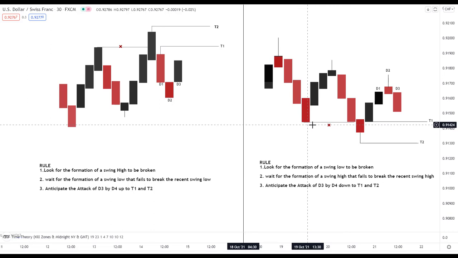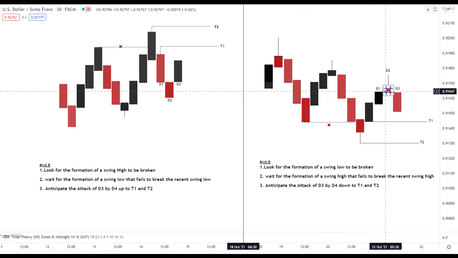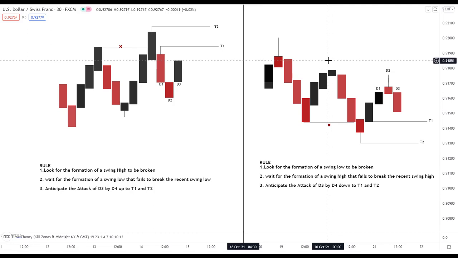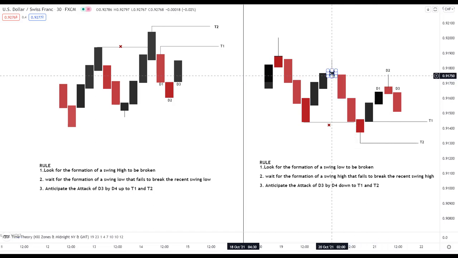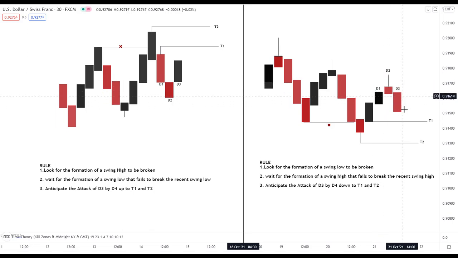Rule number 2, we have a swing high that fails to take out the previous high, to solidify the idea that we are in a bearish marketplace. And coupled with the fact that we had this particular candle reacting to a bearish order block or a supply zone or a reference point right there, it gave us this structure that I talked about.